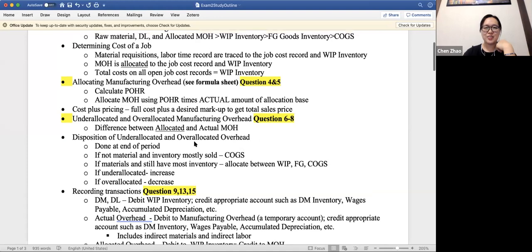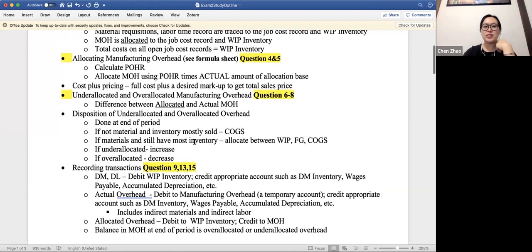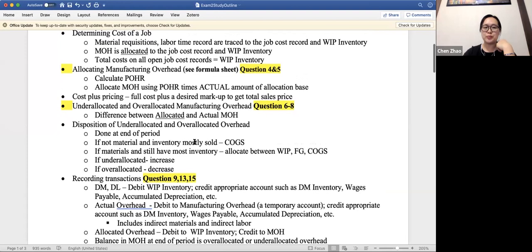Okay, I'll do that. To determine manufacturing overhead in chapter 3, we do an allocation instead of doing a real recognition, like if you pay a utility bill this month, we recognize MOH. No, we don't do that.